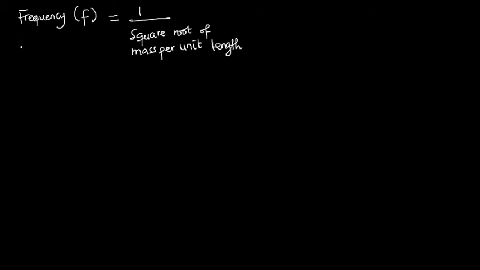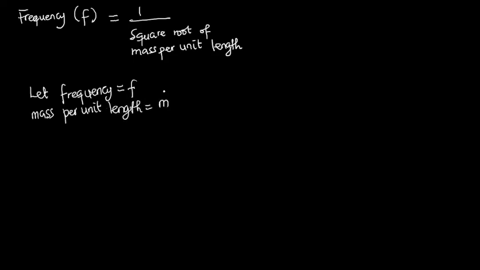Mathematically, if I let frequency be f, and let my mass per unit length be equal to m, it means this expression can be written as frequency varies inversely as the square root of the mass per unit length, which is m.